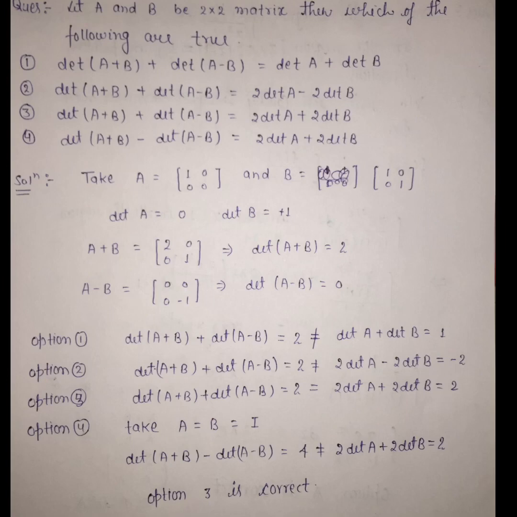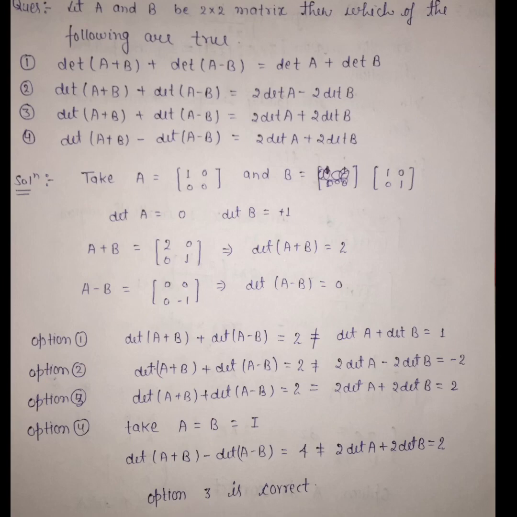For option 2, determinant of A plus B plus determinant of A minus B is equal to 2, but this is not equal to 2 times determinant of A minus 2 times determinant of B, because 2 times determinant of A minus 2 times determinant of B is equal to minus 2 and 2 is not equal to minus 2. For option 4, take A is equal to B is equal to identity.